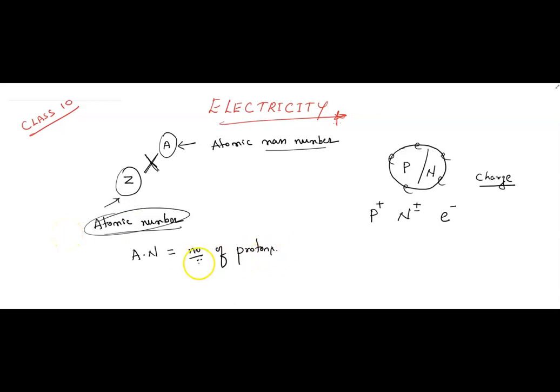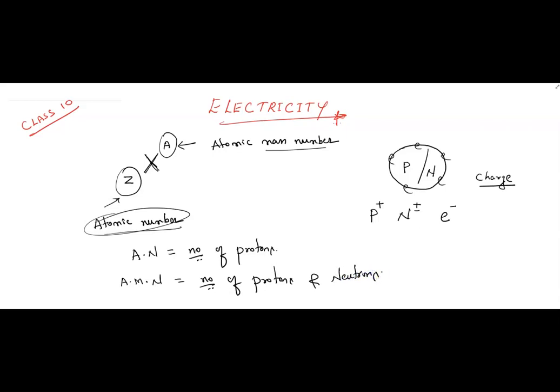We can calculate the atomic number by finding the number of protons. And what is this atomic mass number? The atomic mass number is nothing but the number of protons and neutrons.